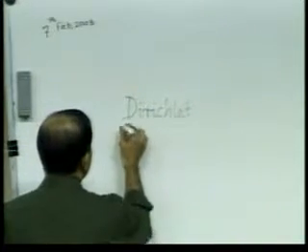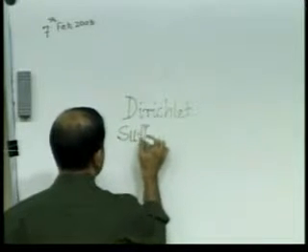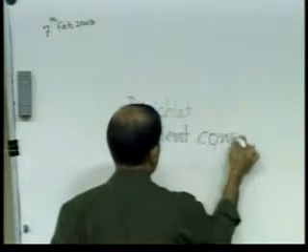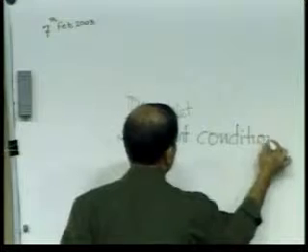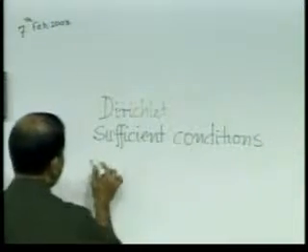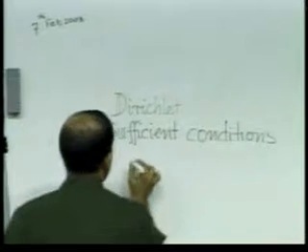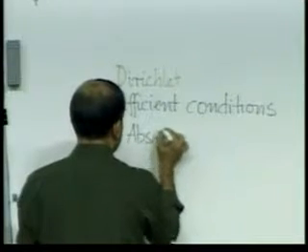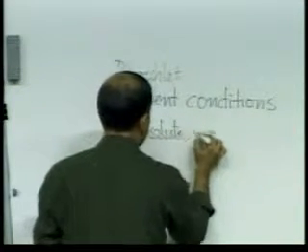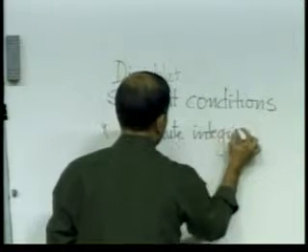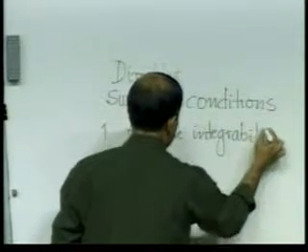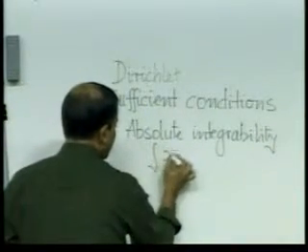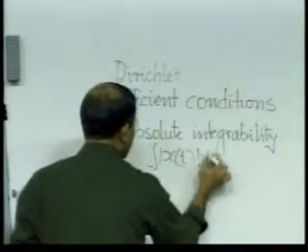He showed that a set of sufficient conditions were the following. Condition number 1, absolute integrability. That means the integral of mod x(t) dt is finite.